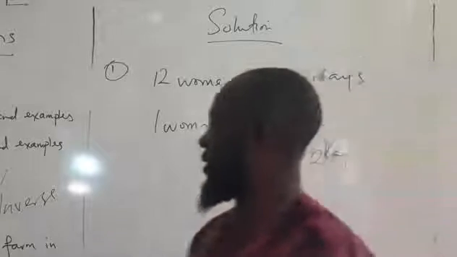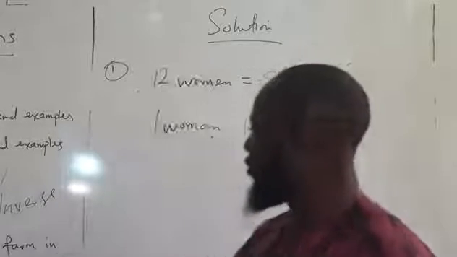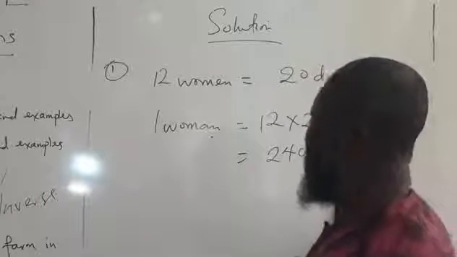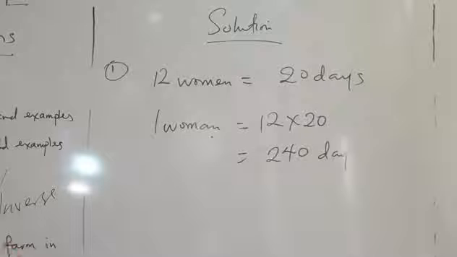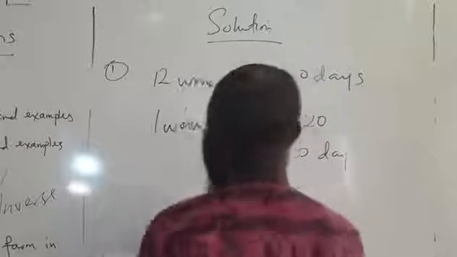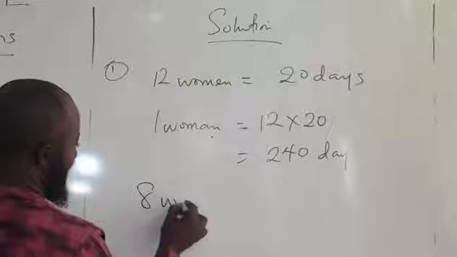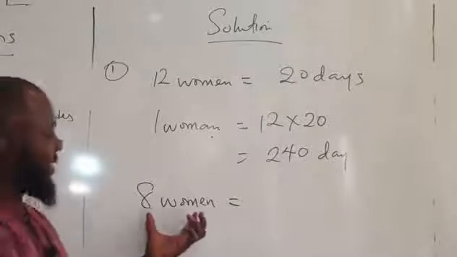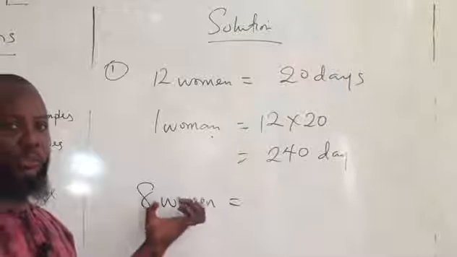Now, the question is asking, how long will it take 7 women to do the same work? Let me use 8 women rather. So how are we going to get the number of days 8 women will spend?